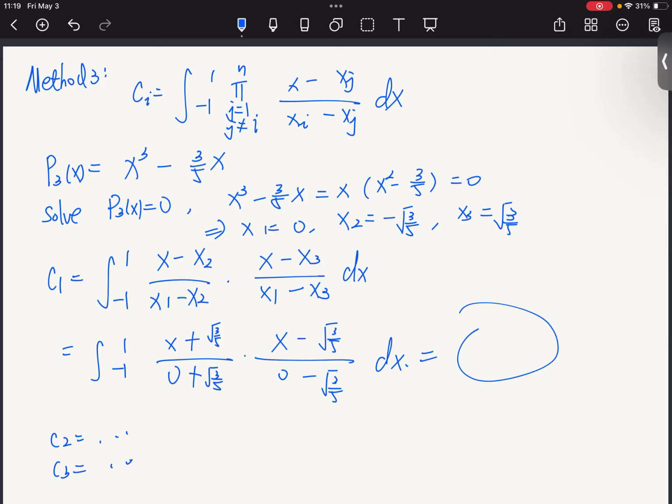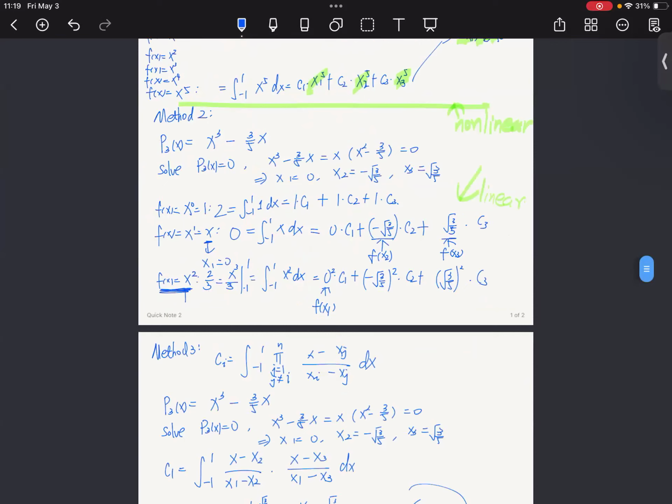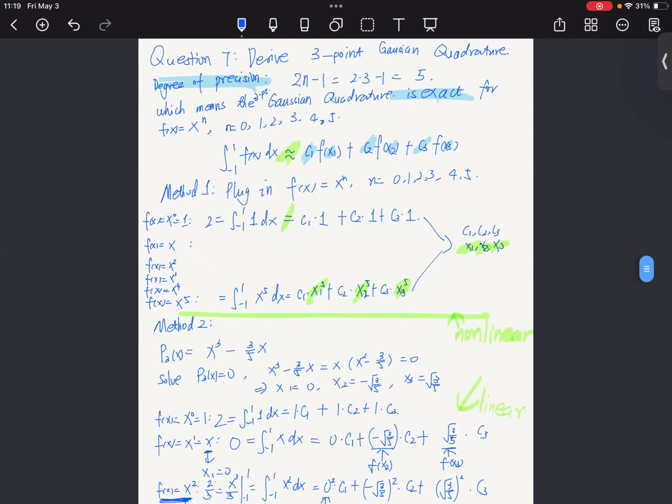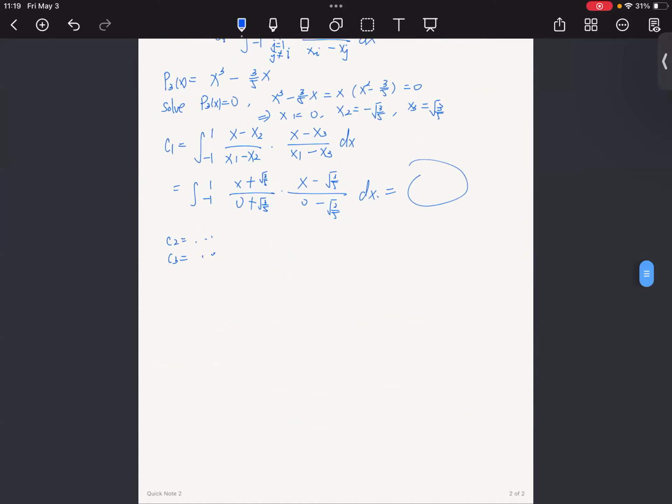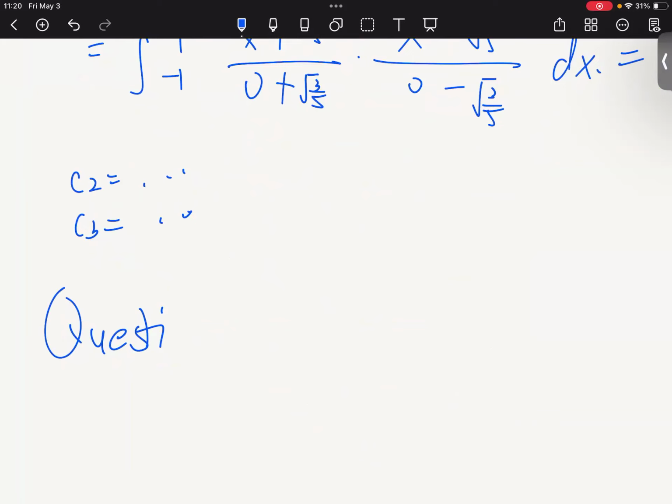And this is question 2. And question 7 is asking you to derive the formula. Let's see, for question A, it would just ask you to apply the Gaussian quadrature rule.